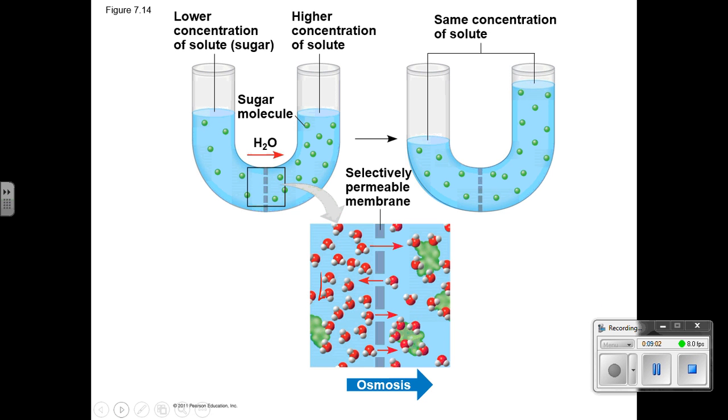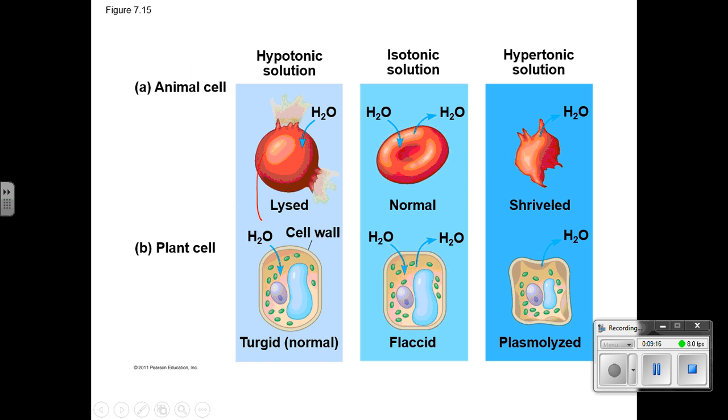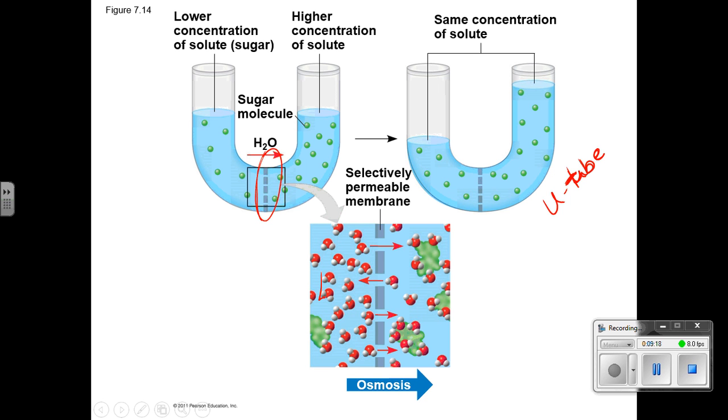This is called a U-tube, not the online website. A U-tube is an apparatus that has a selectively permeable membrane separating the two sides. What's nice about a U-tube is it allows us to look at how molecules move by measuring the volume of water.